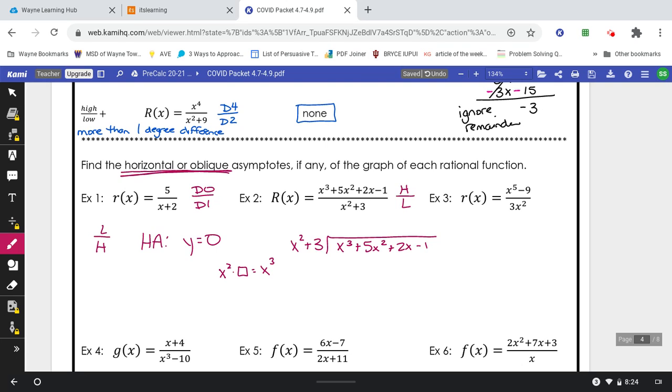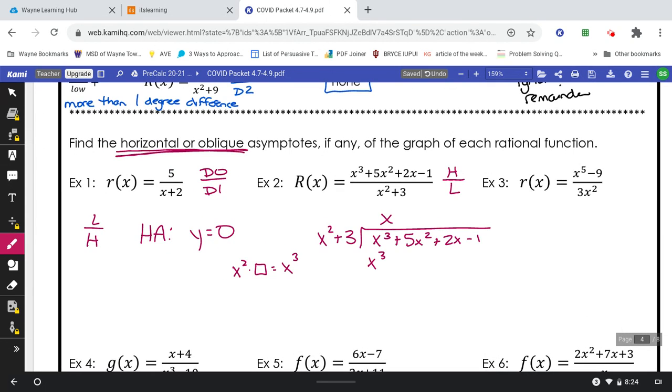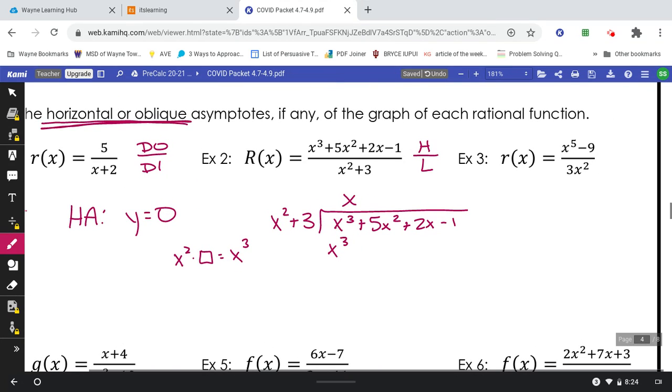That would be x. Then I multiply. x times x squared, x to the third, x times 3, 3x. Now notice with a 3x, I want to line it up under this 2x, not with that 5x squared. I want to line up my like terms.